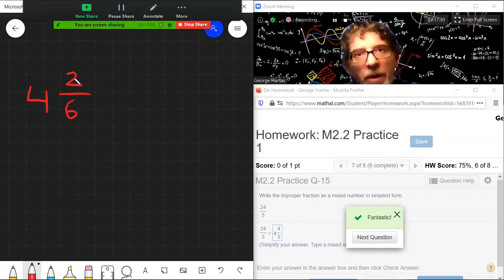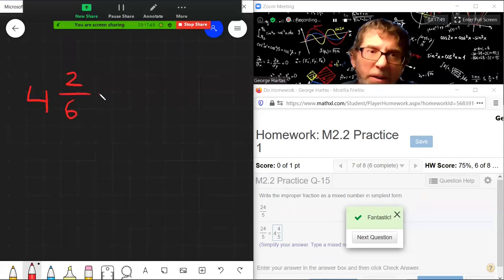Now, we're not talking about reducing yet in this course, and none of these problems have a reducing aspect to it. I just want to give you a heads up on this. When you get to it in Math 50, there will be times when you have to reduce this. I'm not going to get into reducing right now that deeply at all, but just to briefly touch on it.